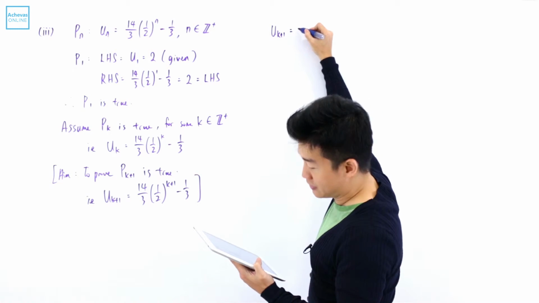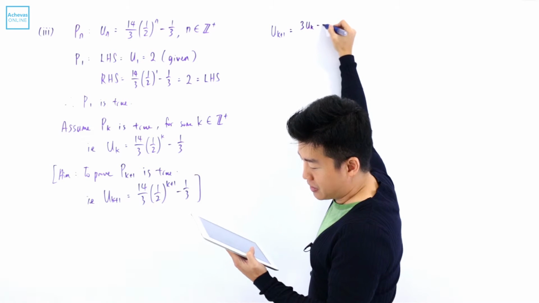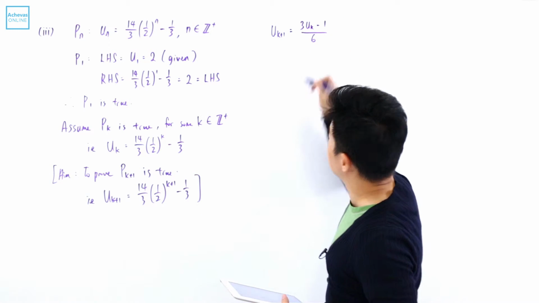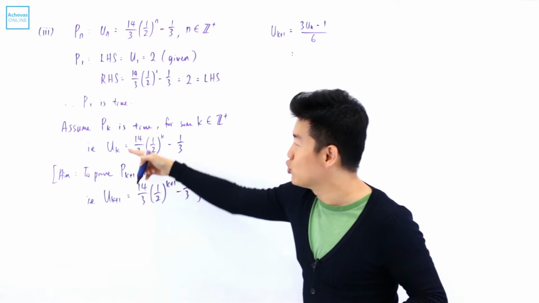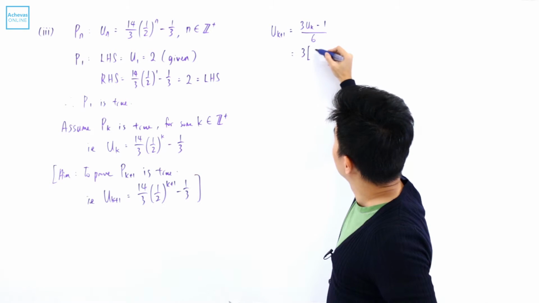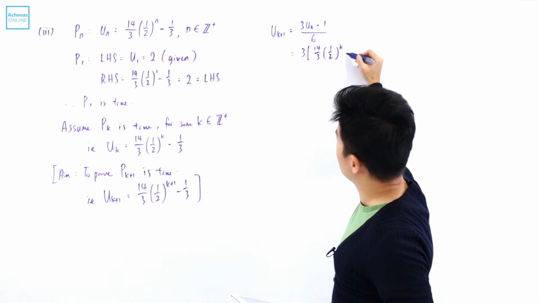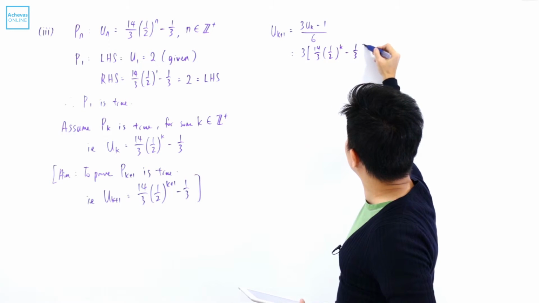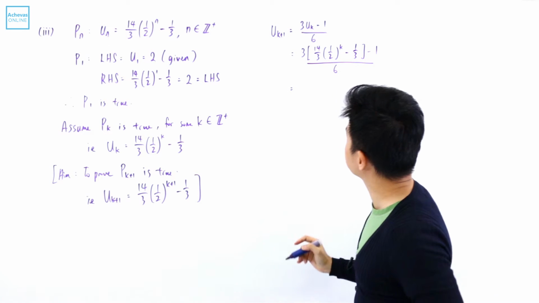Uk plus 1 is going to be equal to 3 times of Uk minus 1 divided by 6. And what is Uk? Uk, we have already assumed that it is this. So it is 3 times of 14 over 3, 1 over 2 to the power of k minus 1 over 3 minus 1 divided by 6.